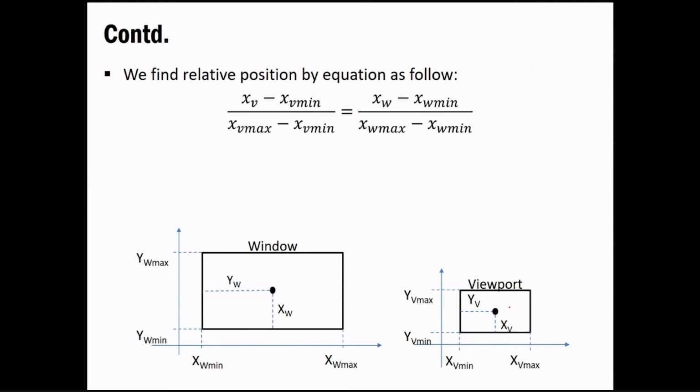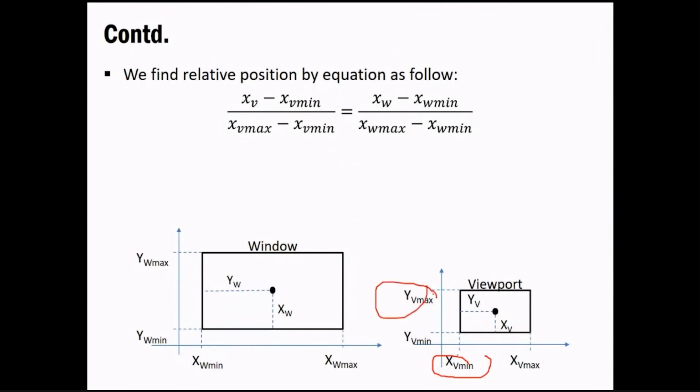So now we find the relative position by the equation as given over here. Here we have xv minus xv min. These are nothing but the coordinates, and we are trying to map it upon xv max minus xv min.